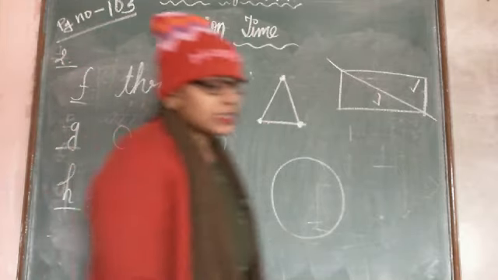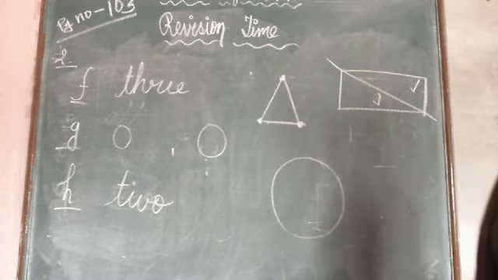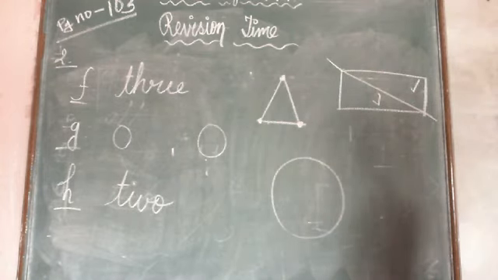Okay, so answer for F is 3, answer for G is 0 and 0, answer for H is 2.